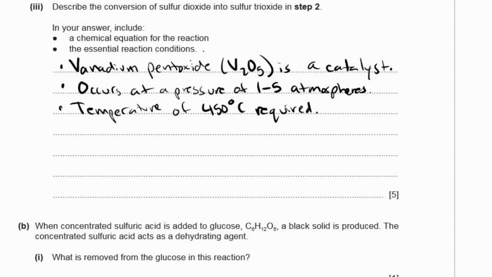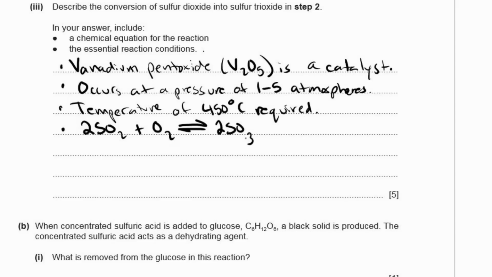And finally, let's put in the chemical equation. Okay, so for this, we have 2SO2, because we have to convert sulfur dioxide into sulfur trioxide. We have to react it with oxygen, plus O2. Okay, and this is a reversible reaction. So that produces 2SO3. Okay, we have 2 sulfurs. We have 4 oxygens plus 2 oxygens, 6 oxygens on the left-hand side, and 2 times 3, that's 6 oxygens on the right-hand side.